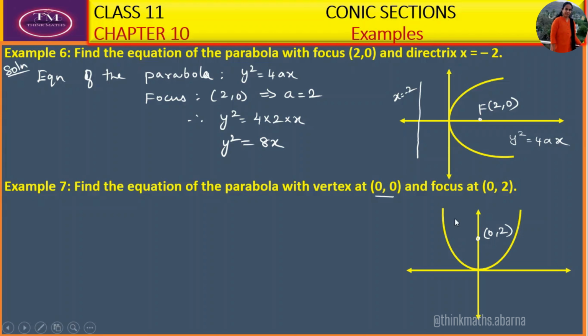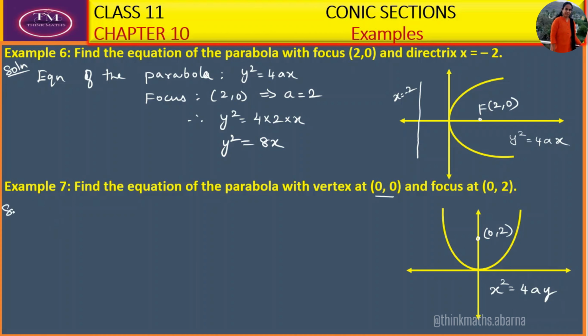If it is symmetrical about y-axis and is in the positive side, then x square equal to 4ay is the equation of the parabola.